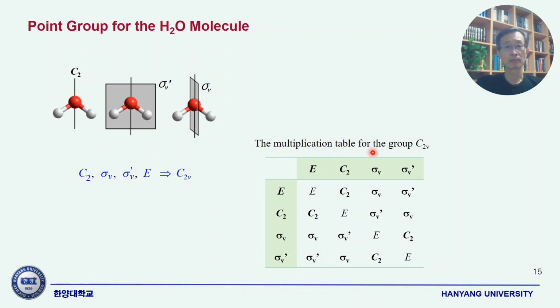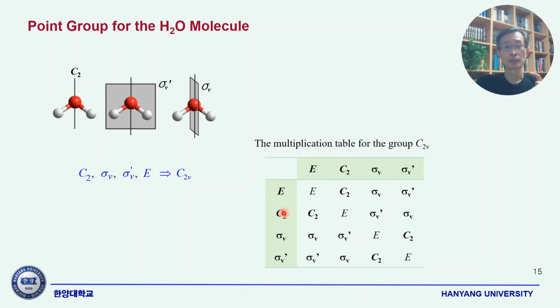And then you can make a multiplication table for the group. So this E identity operation must be there because you want to make this multiplication table for the group. For any symmetry group, you remember the first rule is that any two members of the group, operated in sequence, yield a result identical to one member of the same group.